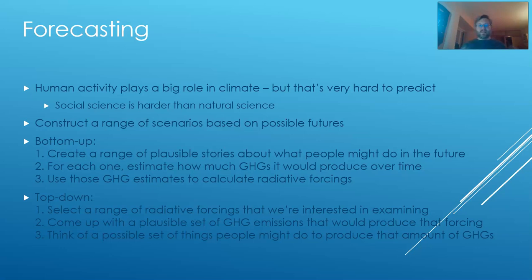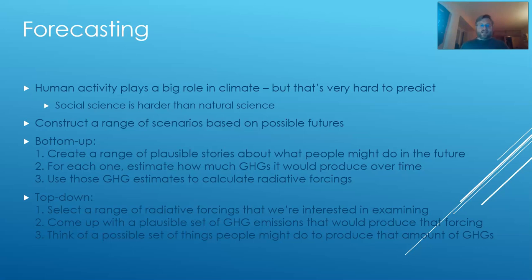And so this leads to my hot take for the day, which is that social science is harder than natural science. I'm saying that on my authority as someone who has a background in both social and natural science. Social science is harder because people are complicated. We can predict the behavior of our non-human world a lot more easily than we can predict what people are going to do.